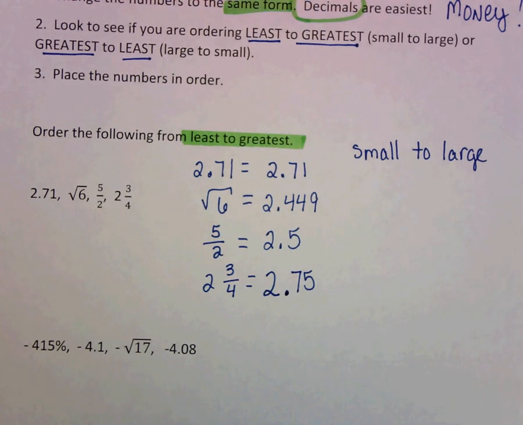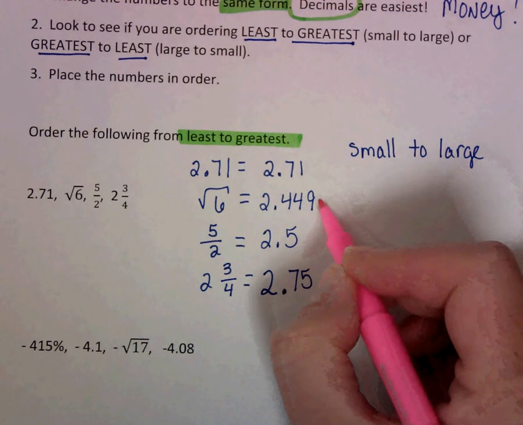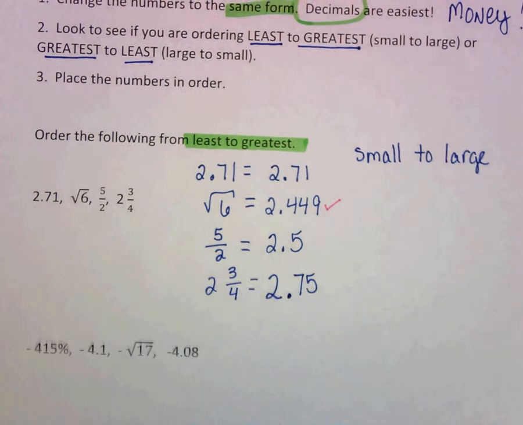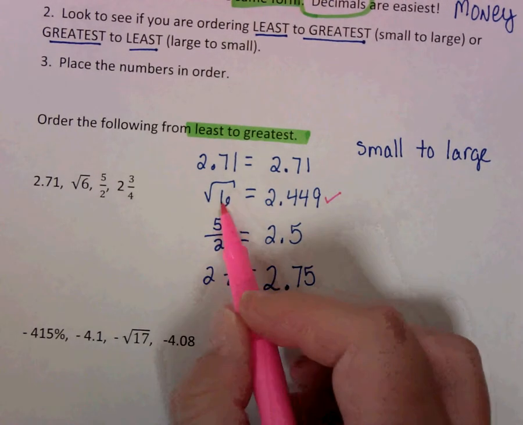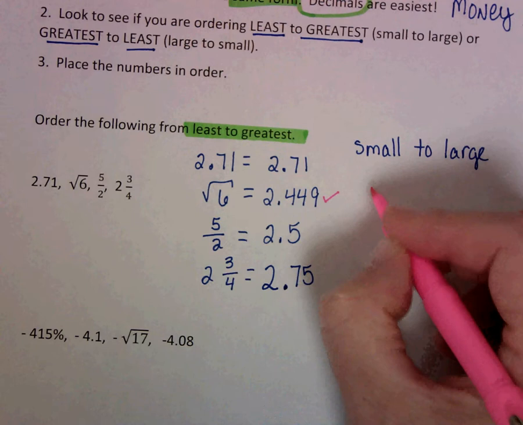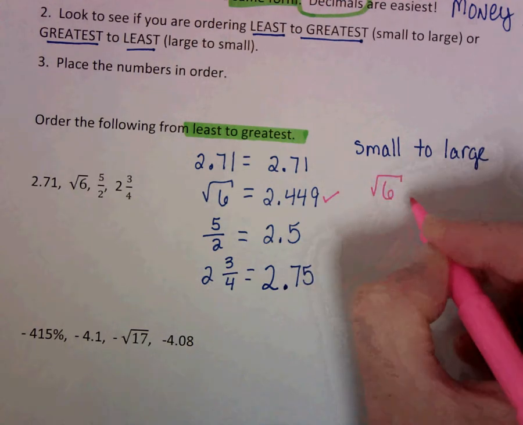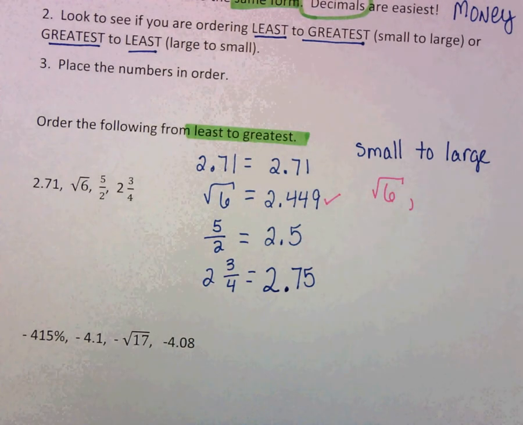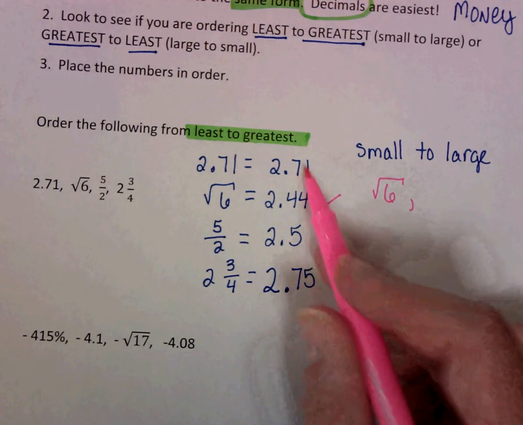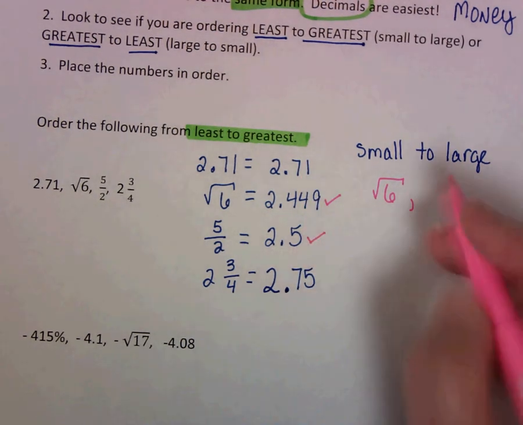What is my smallest number? My smallest number is 2.449. Now, when I list these, I need to list them as the number it was given. So I'm going to write the square root of 6. We're done with that one. The next smallest one is 5 over 2.